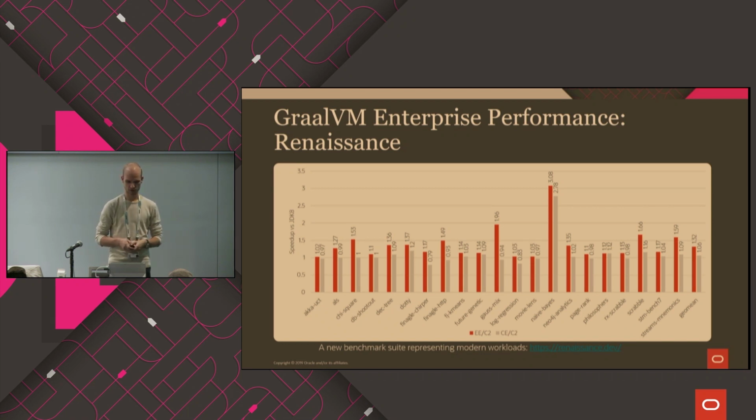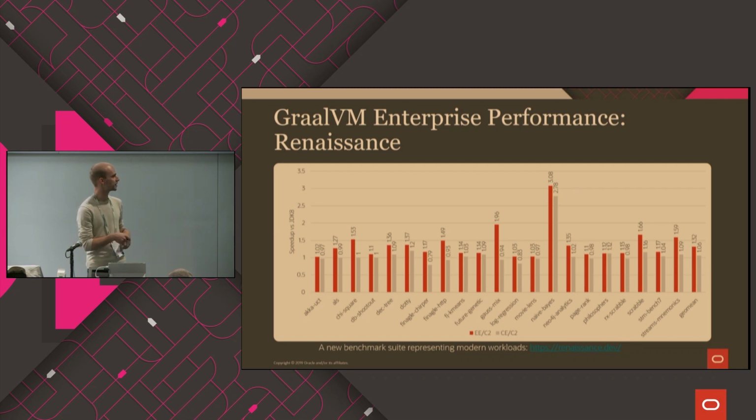This new benchmark suite is called Renaissance. And it has a few different modern workloads, including the usage of these high-level APIs, like the streaming APIs. There are benchmarks in there that use Scala as an example of a different language on top of the JVM that, for example, the HotSpot JIT compiler had to have a lot of work done to support more efficiently.